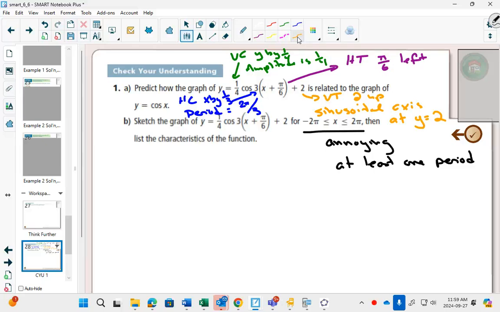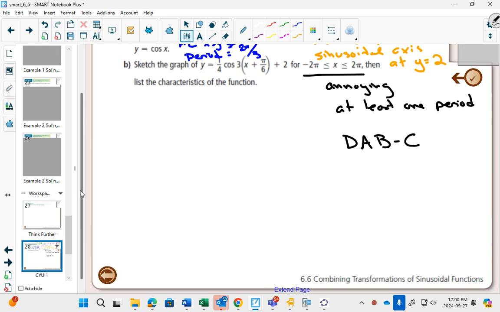Okay. We don't have to list the characteristics because we did it already above in the prediction. So, we're going to sketch, we're going to use DAB-C to do it quickly. I know my center line is 2 and my amplitude's only 1/4.